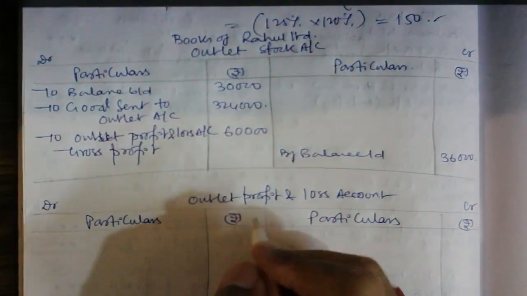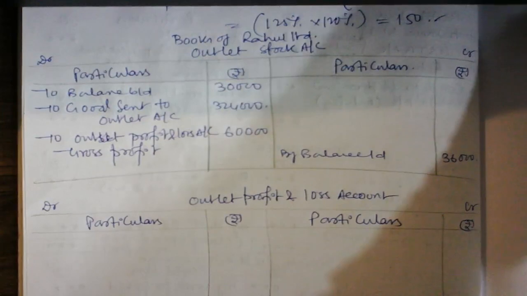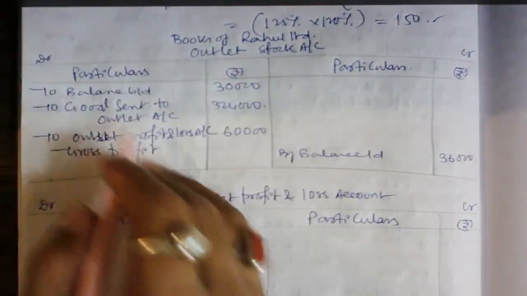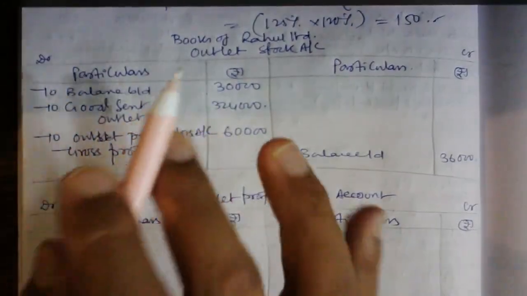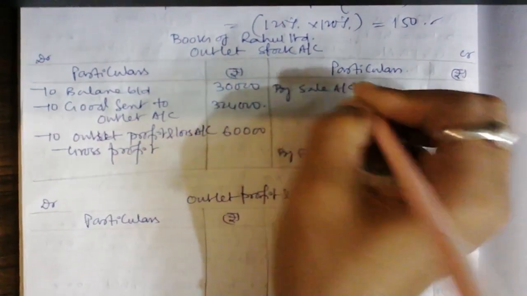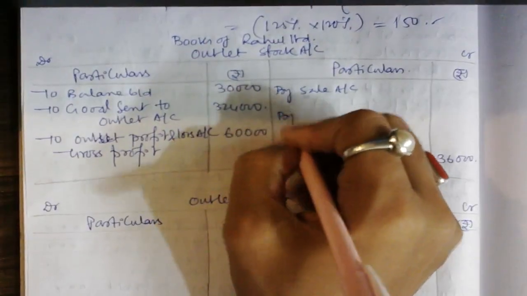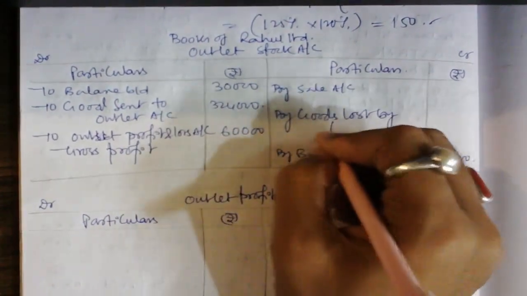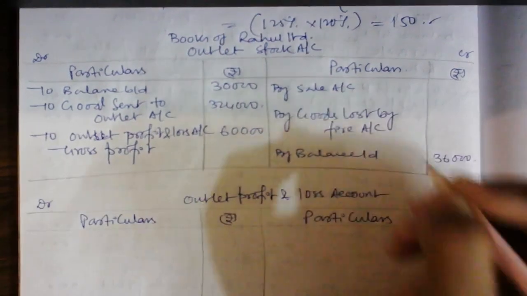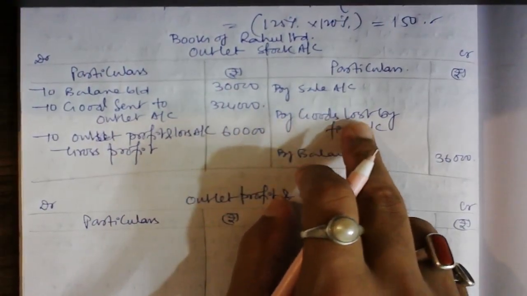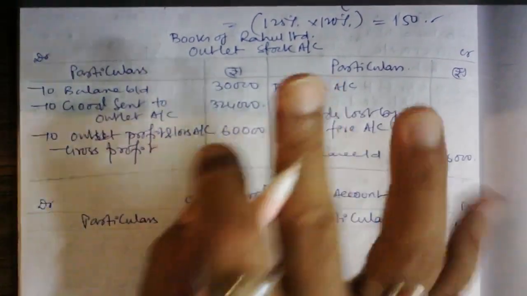Acha. Now see, we have two missing figures here. Try to understand. In this particular account, we have the sales figure missing, as well as the goods lost by fire figure missing. Both are missing. So we need to calculate.